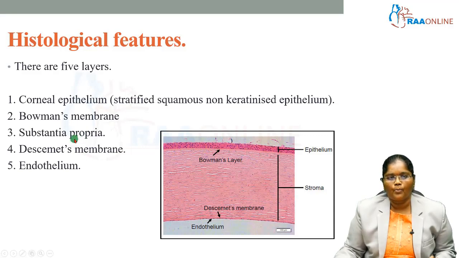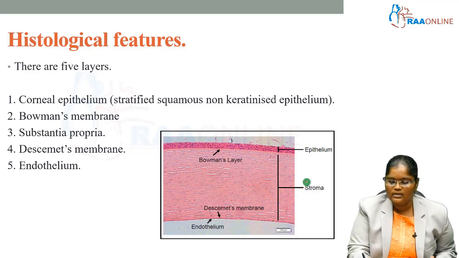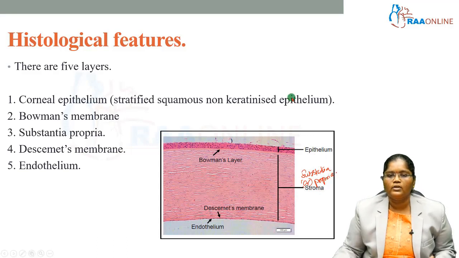Then the substantia propria, which is nothing but the stroma. The other term for the stroma is substantia propria. And the fourth layer is Descemet's membrane, and the innermost layer is the endothelium. So these are the 5 layers of the cornea.